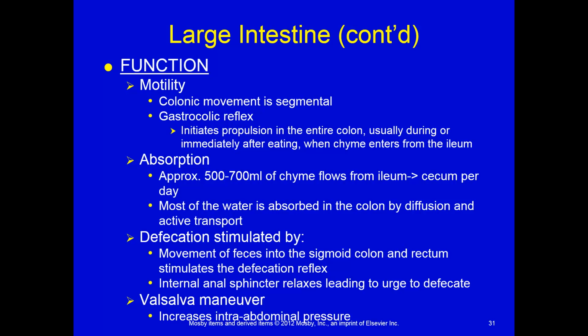So given this conversation of absorption, who are we most concerned about? If these are three different choices of where a colostomy may be placed, who are we most concerned about in terms of dehydration and electrolyte and water balance issues? Ascending, exactly, right. Because if you have the stool coming out here, you are skipping all of this wonderful absorption process.